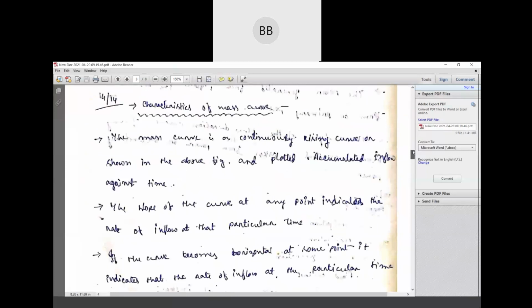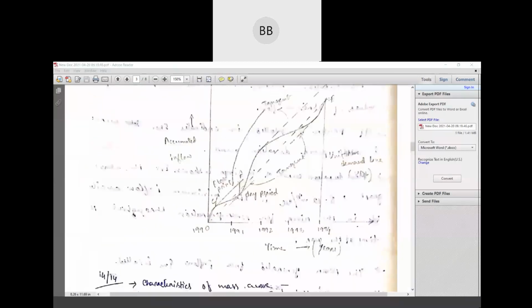At the zero point I have considered O, and wherever the dotted line ends I have considered E. So OE is the uniform demand line. A and B are the dry points, and C and D are the flood points. You can reverse also, it's up to you.